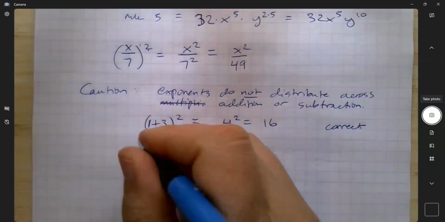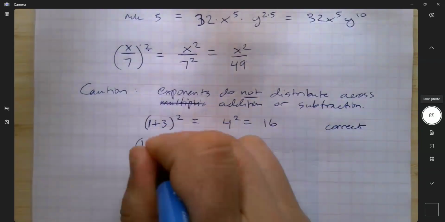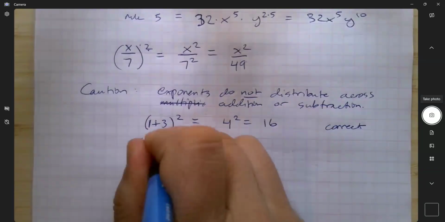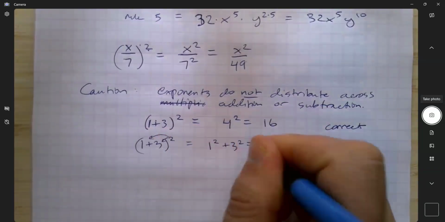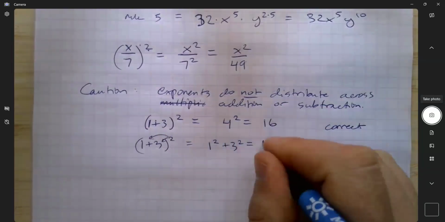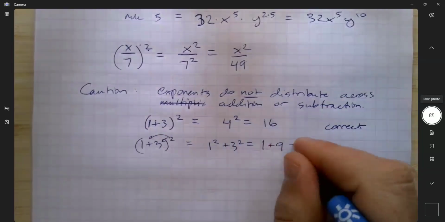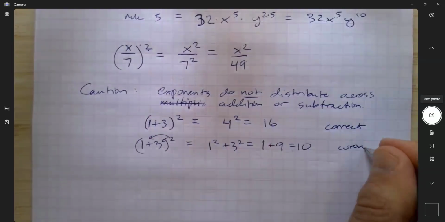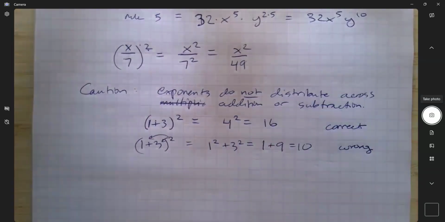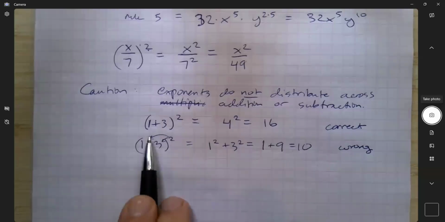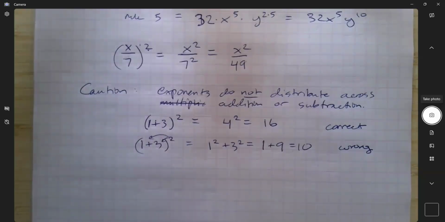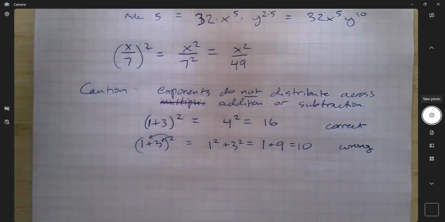But if I try to distribute the power 2 to both of them, I'd have 1 squared plus 3 squared. But 1 squared is 1, and 3 squared is 9, and that's 10. And that way is wrong. So you cannot distribute a squared across addition. You also cannot distribute it across subtraction.